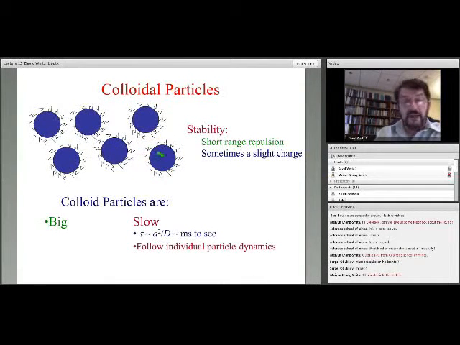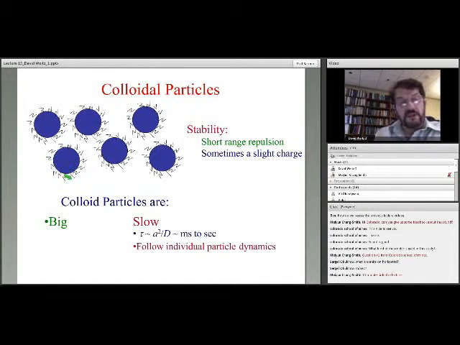In the case of colloidal particles, they're thermalized because of the presence of the fluid, whereas in the solid, they're thermalized with the background of all the other ions or atoms in the solid. But in this case, the particles are very big, so you can actually image them. You can see them with a microscope, and they're relatively slow.